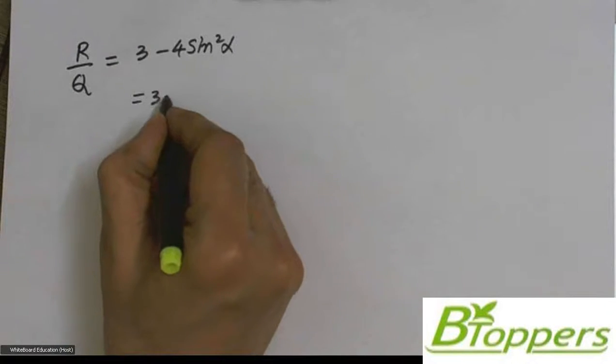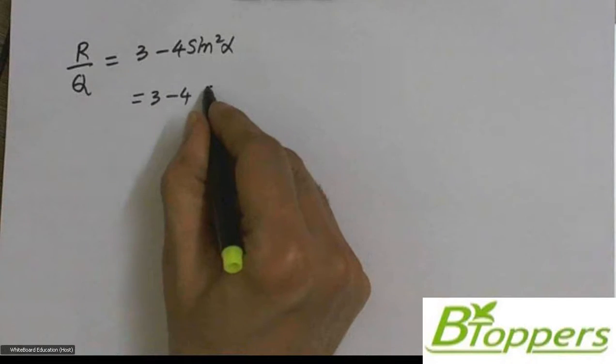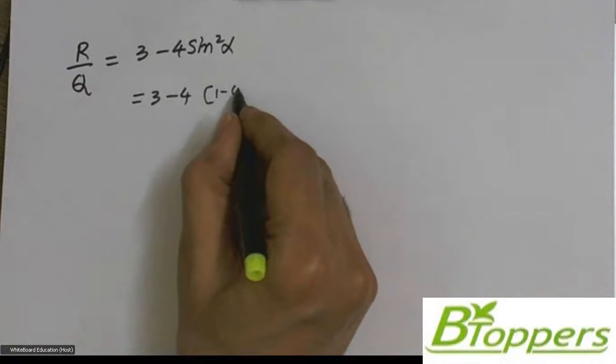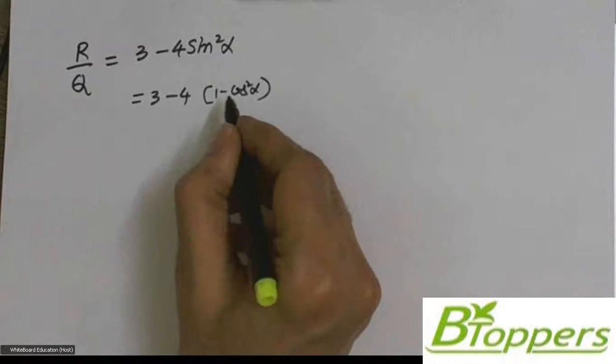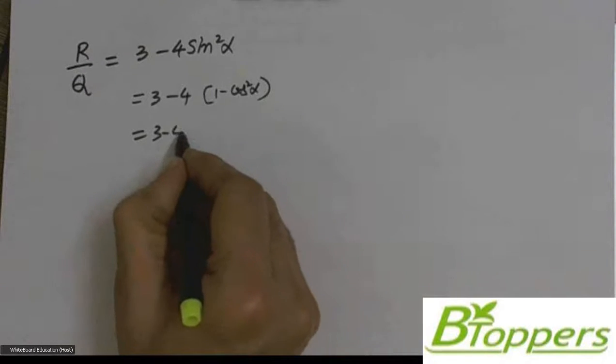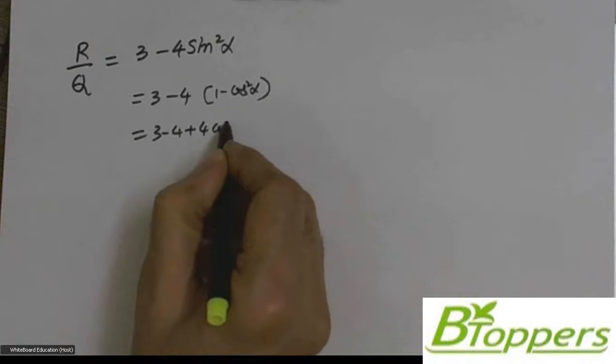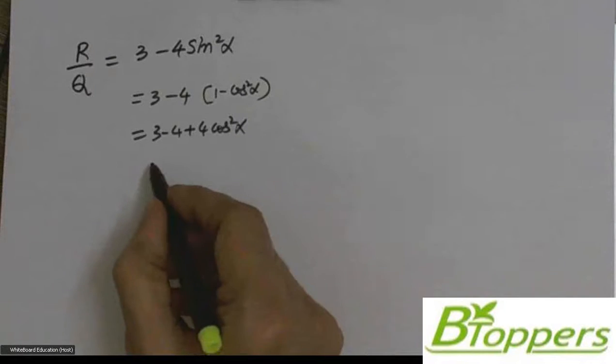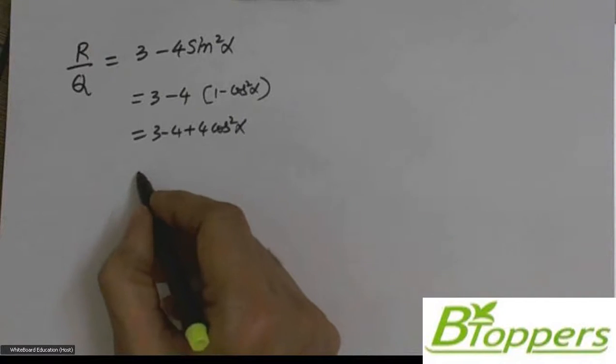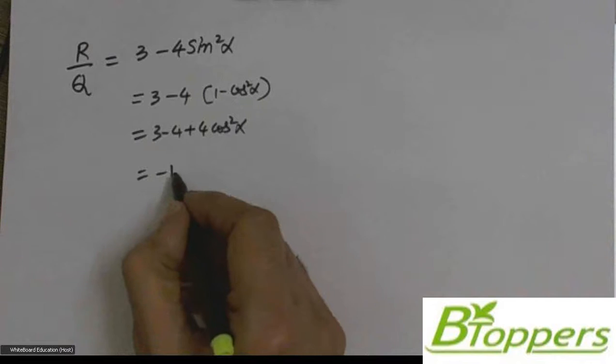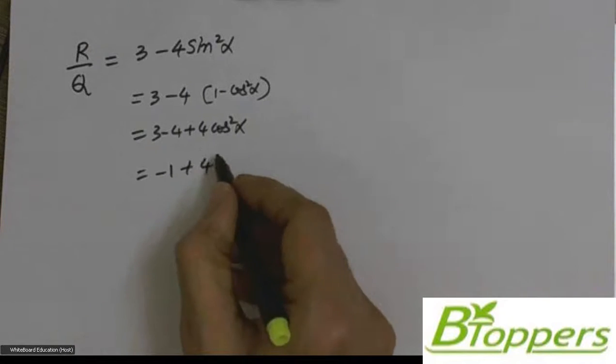So this you can write 3 minus 4 into 1 minus cos square alpha, so 3 minus 4 plus 4 cos square alpha, that is minus 1 plus 4 into cos alpha squared.